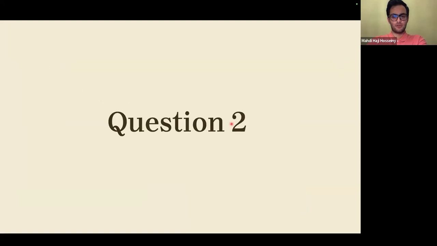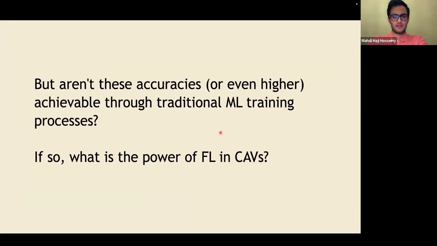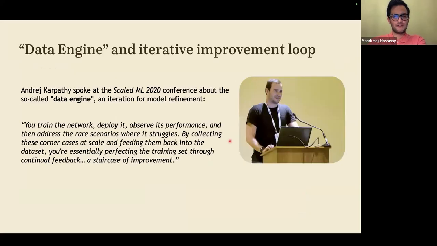Another question that I want to answer is: aren't this accuracy or even higher accuracies achievable through traditional ML training processes? If so, what is the power of federated learning in CAVs? I want to answer this question with a quote from Andrej Karpathy.